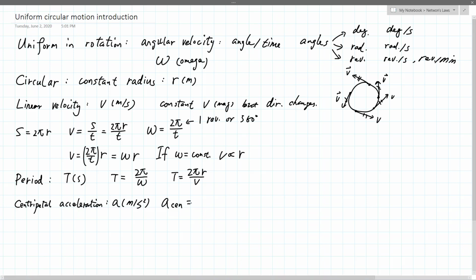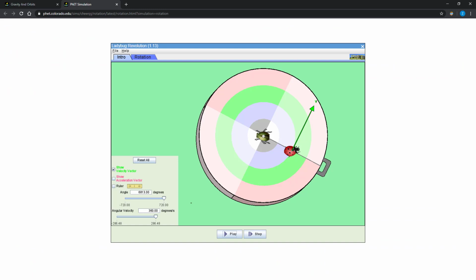So let's bring up the simulator. Okay, so I haven't really displayed any acceleration vectors. Let's display it. Oh, look at that. Oh, that's right, because this is really fast. So let's do 60.